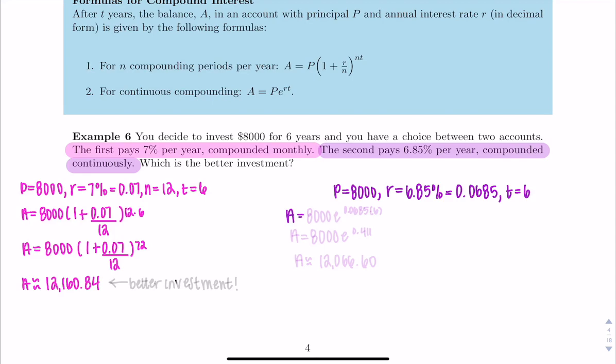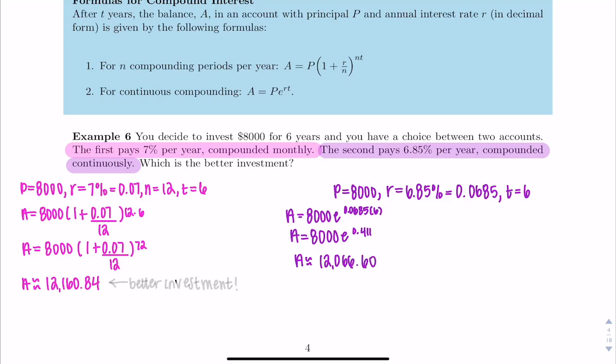So A equals 8,000 e to the 0.0685 times 6. So we have A equals 8,000 e to the 0.411, or A is approximately $12,066.60.